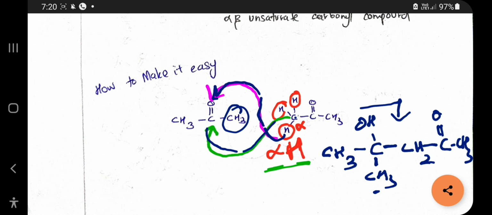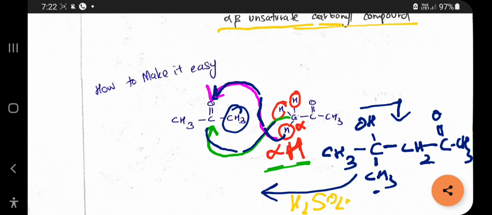After this, when you treat it with H2SO4, you will get dehydration. What I said above: we should obtain an alpha beta unsaturated carbonyl compound after dehydration.